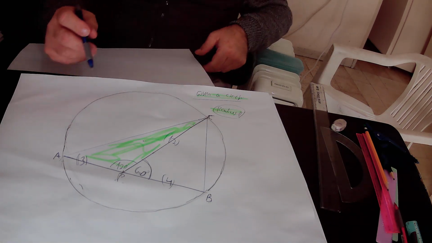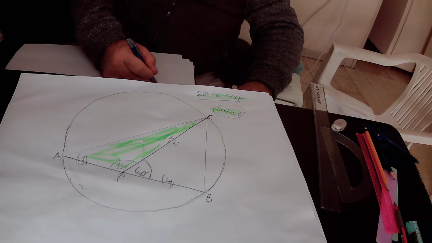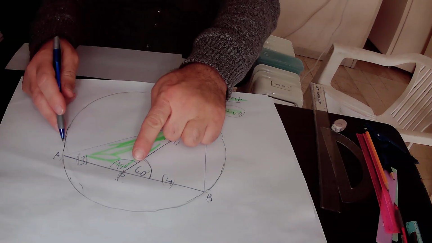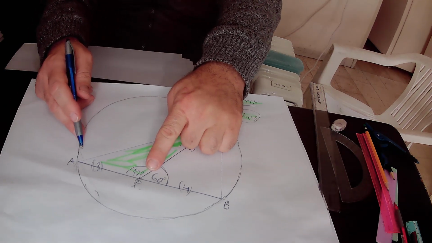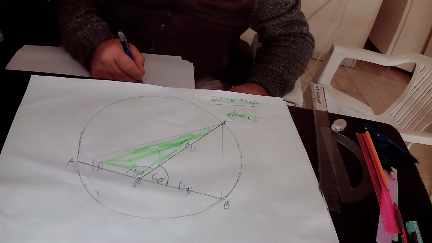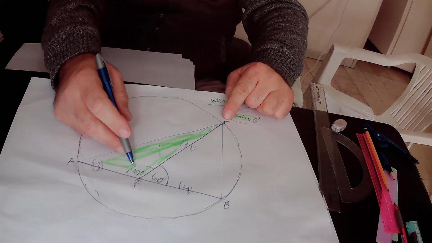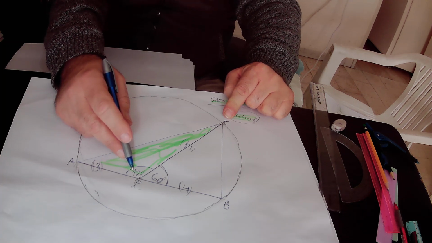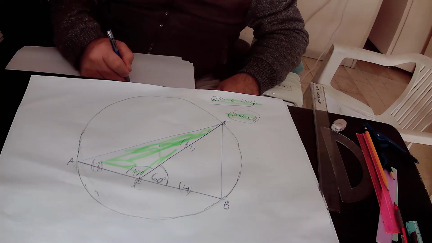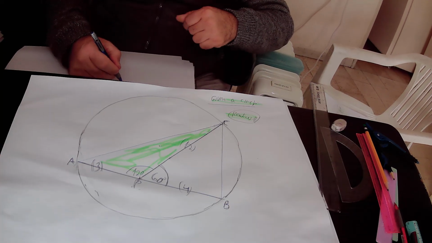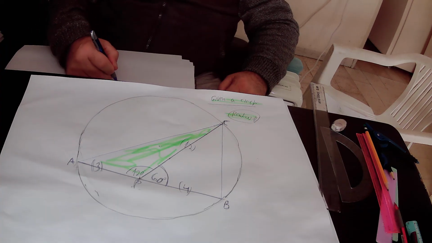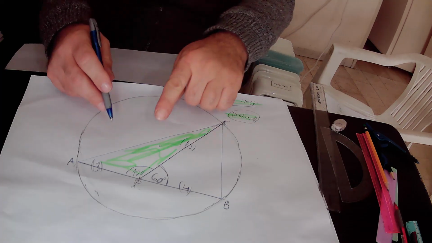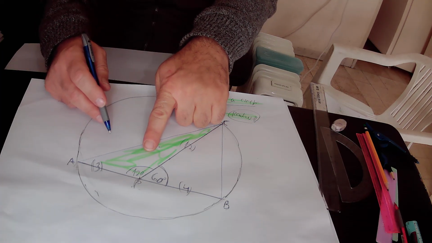So CA squared equals AP squared. AP is 3, therefore AP squared is 3 squared, this is 9. Plus PC squared. PC is 12, therefore PC squared is 12 squared, this is 144. Minus 2 times AP, which is 3, times PC, which is 12, times cosine 120 degrees. Cosine 120 degrees is equal to minus 1/2.